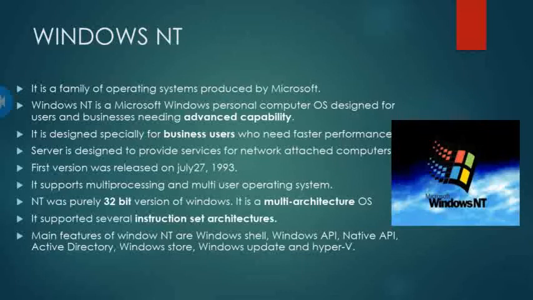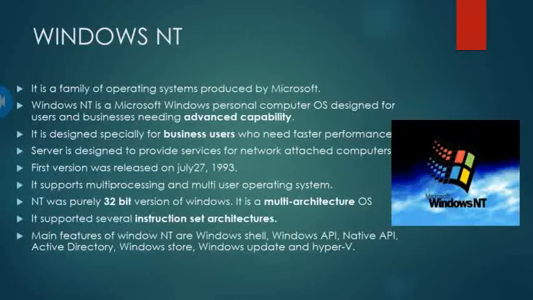It was developed to provide advancement in business and to the users. It is designed specially for business users who need faster performance. In this, the server is designed to provide services for network attached computers. The first version of Windows NT was released on 27th July 1993. It also supports multiprocessing and is a multi-user operating system.